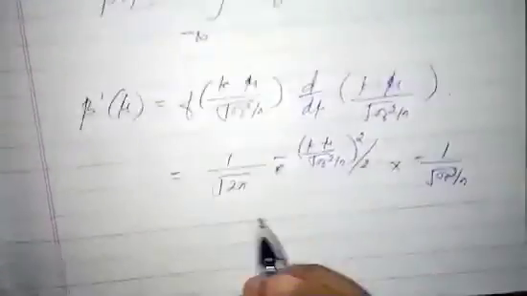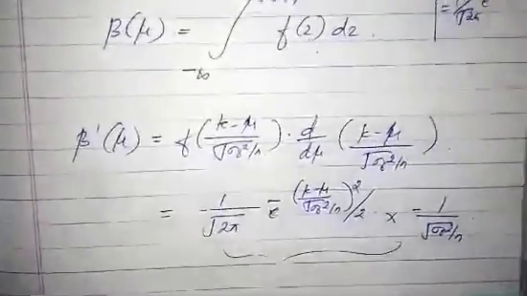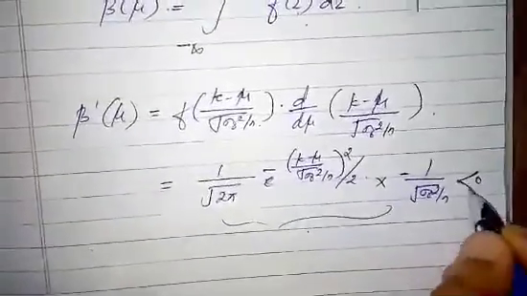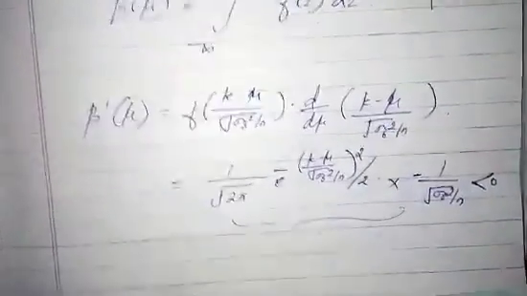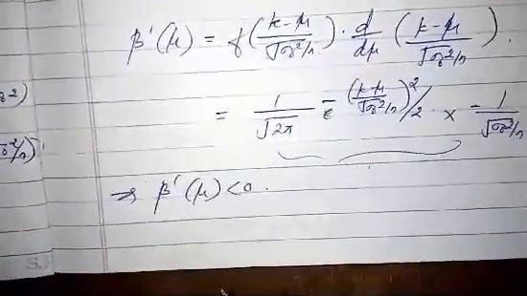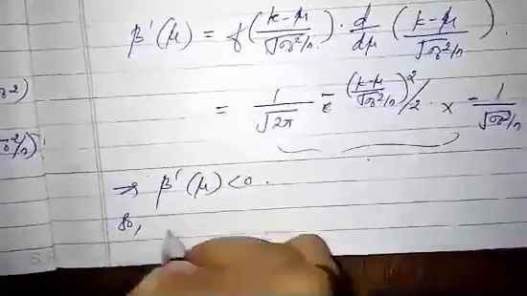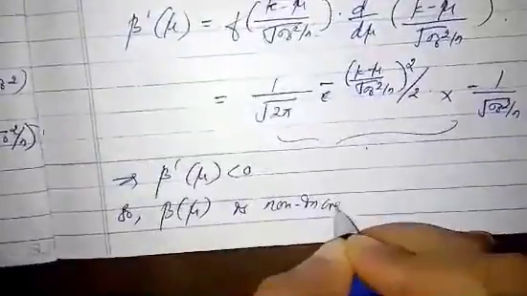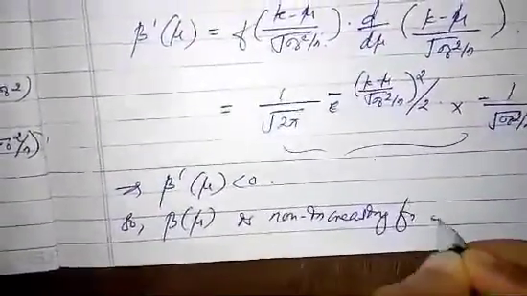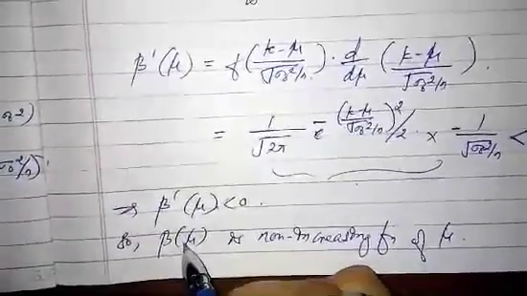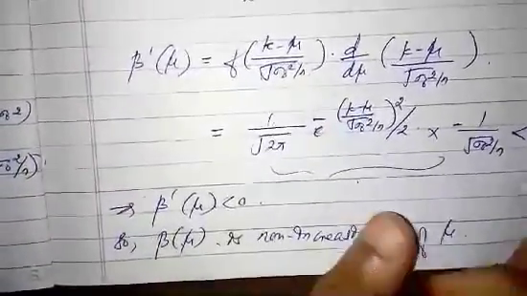Whether this value is greater than 0 or less than 0: here it is minus, so this is less than 0, which implies beta dash of mu is less than 0. So beta of mu is a non-increasing function of mu.